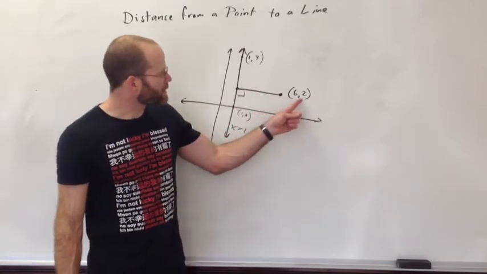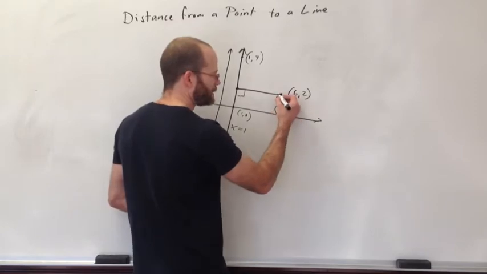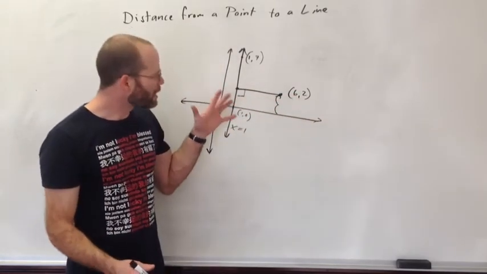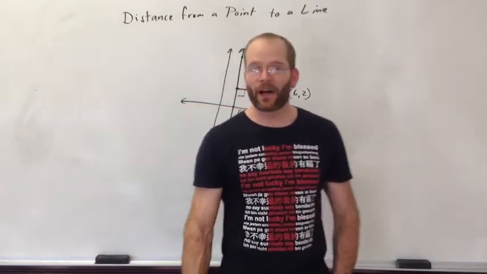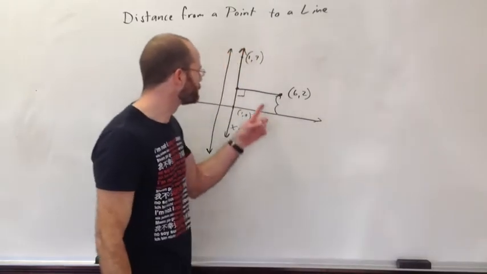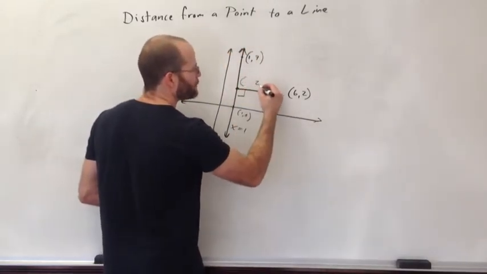We can also see that the y value of this point is 2 units, which means this line is 2 units above the x-axis, which also means that any point on this segment has a vertical value of 2. So we know that this point right here must have a vertical value of 2.